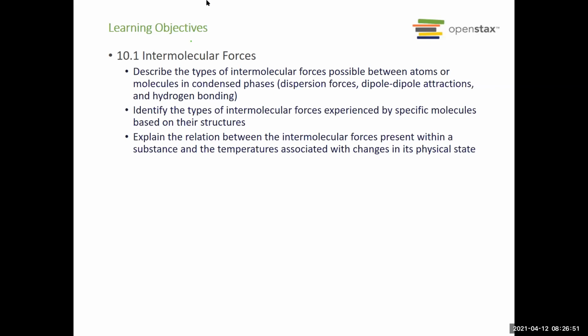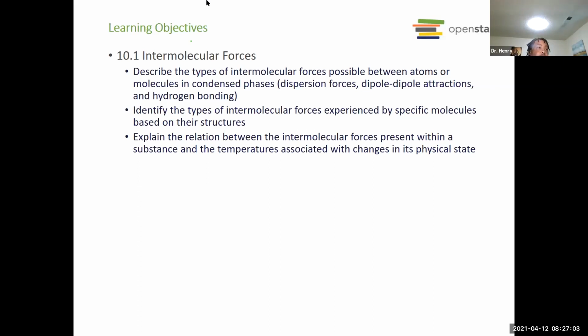The other types of forces that we're going to be talking about are dispersionary forces. Because electrons are moving, you get what we call dispersionary forces. And these forces will allow things to interact based upon the characteristics of their properties.